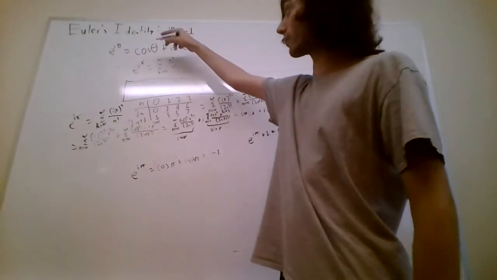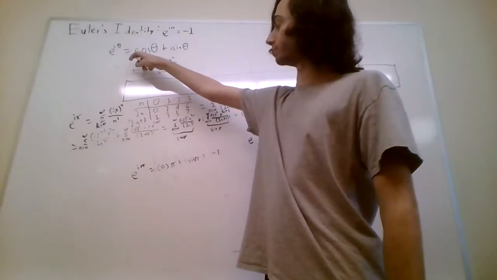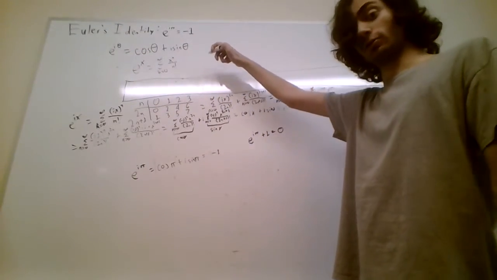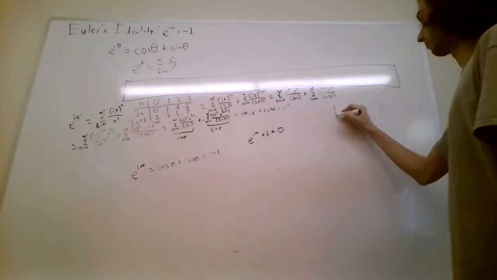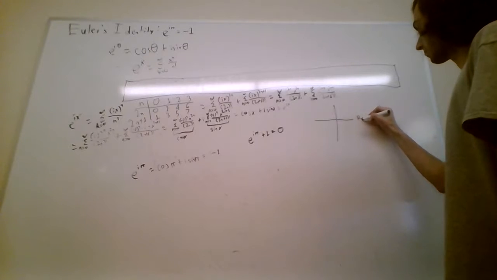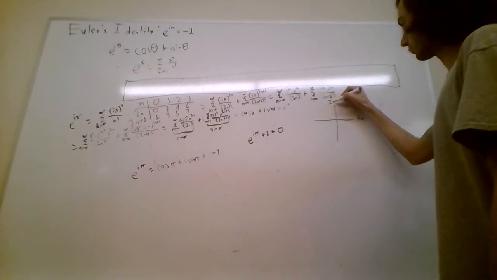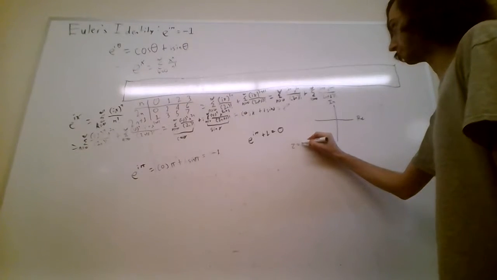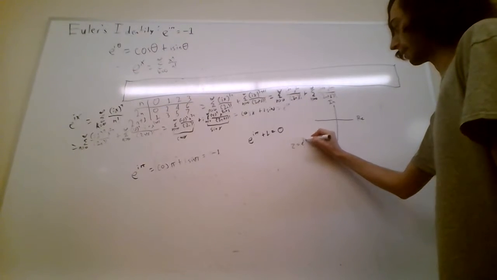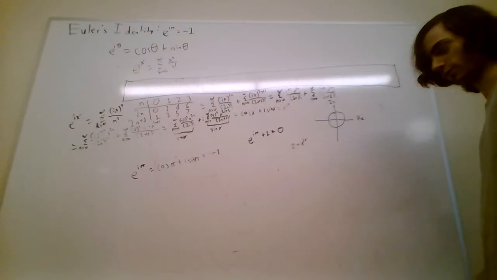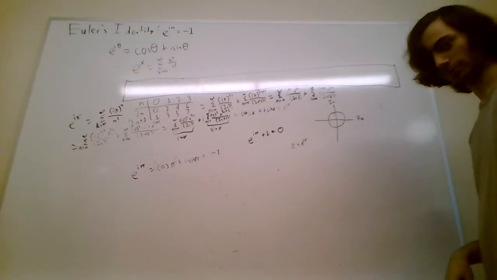If you're wondering, Euler's formula has to do with the unit circle and the real and imaginary plane. So if you have real numbers and imaginary numbers, if you were to plot z equals e to the ix, it would actually be a unit circle, just like the unit circle in the x and y plane.